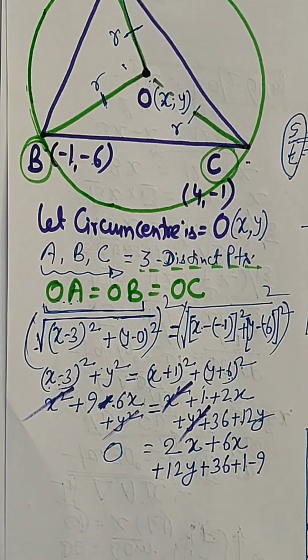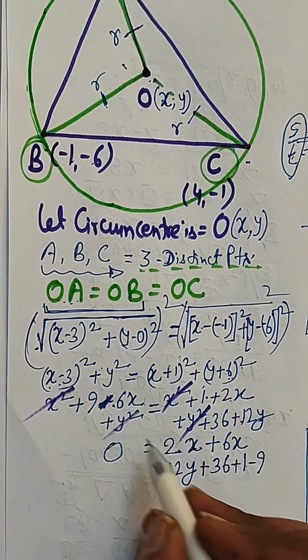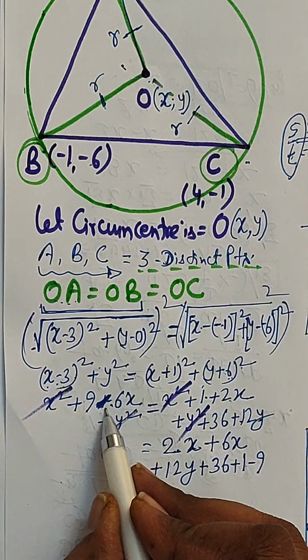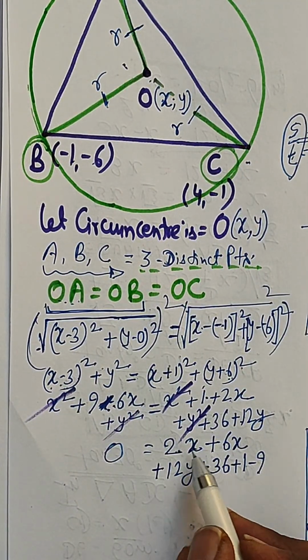This will give you an equation in the form of x and y. What is that? 2x, here 2x, and this minus 6x, minus 6x going to the RHS, right? This will be 8x.